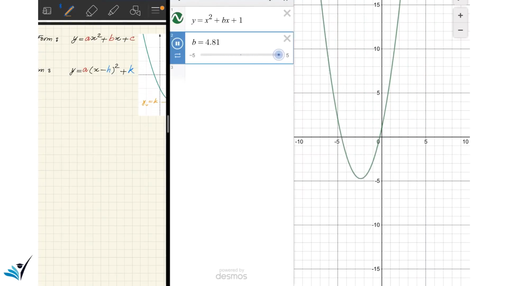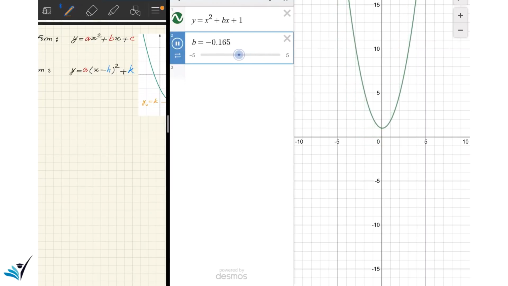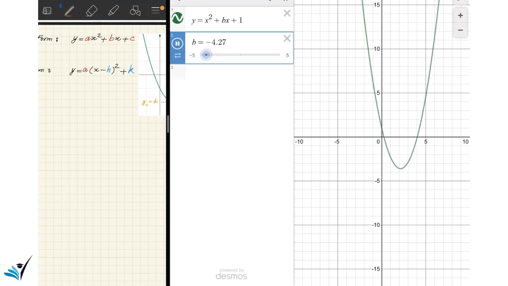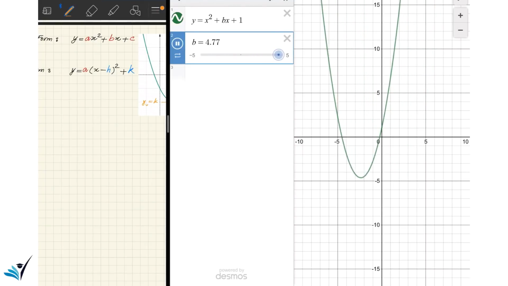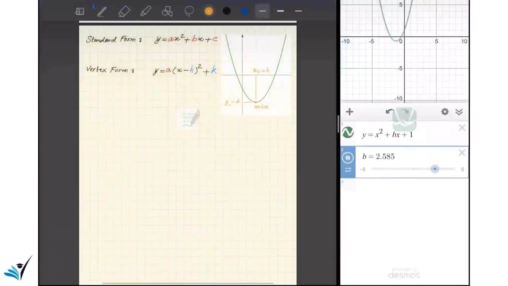Now I'm going to use the relationship between the standard form and the vertex form to calculate the location of the vertex as b varies. Let's get back to our notes.